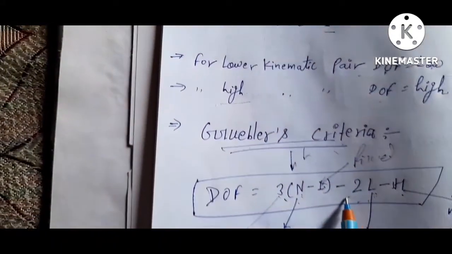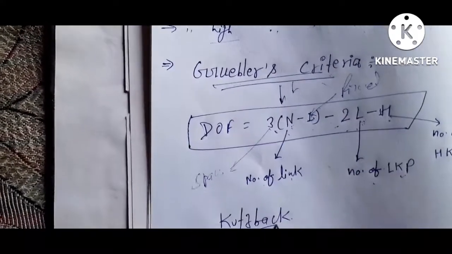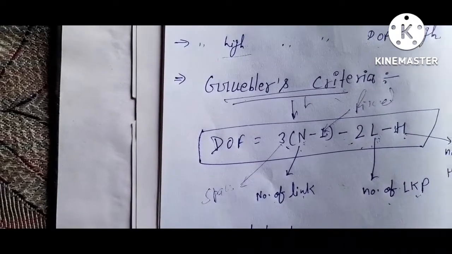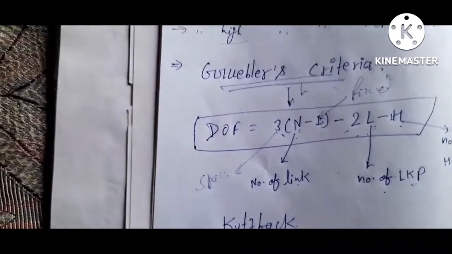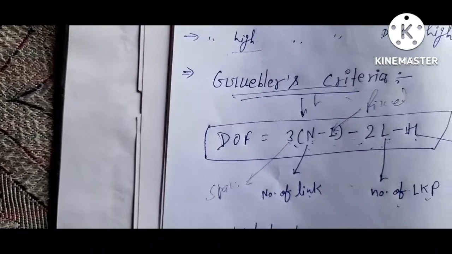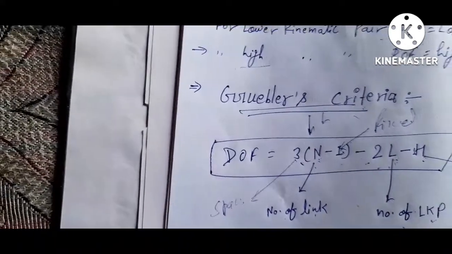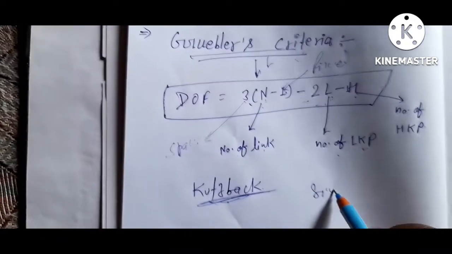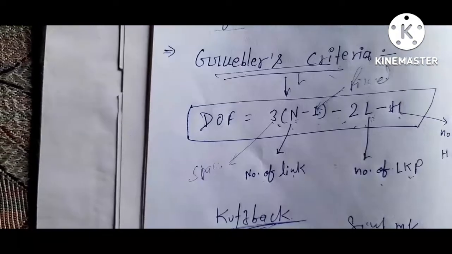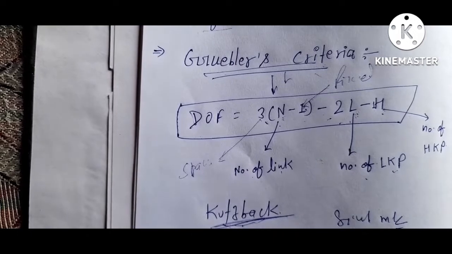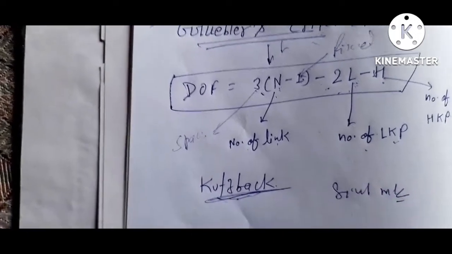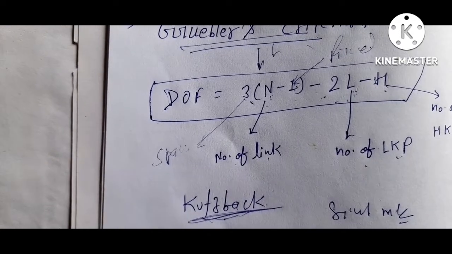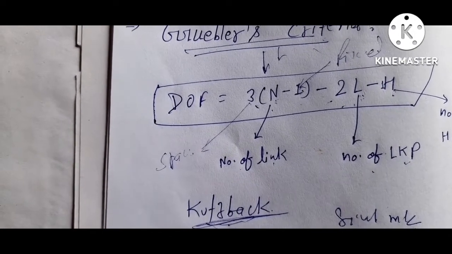But friends, this formula was observed by Kutzbach. It is for simple machines, friends, listen to my words. Kutzbach observed that for a simple machine where the controlling system is also simple, it is very difficult to control the motion of a higher kinematic pair.